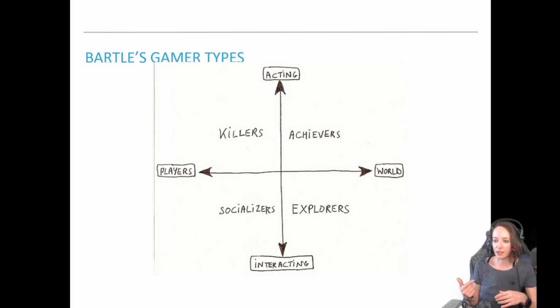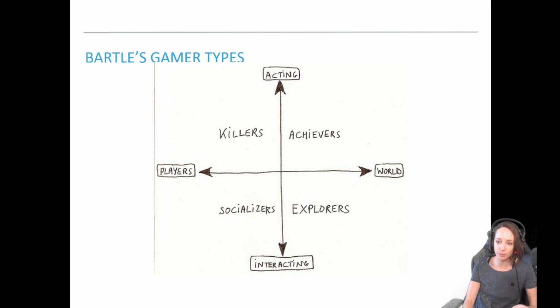Then there are the players who love acting on the world. Those are called achievers. Those who do have a lot of fun when collecting all different mushrooms, finding all monster stunts, achieving something, getting maybe small little badges or achievements for everything they do. And then explorers, those who are just engaged by looking through the environment, eventually finding a hidden task, and so on and so forth.